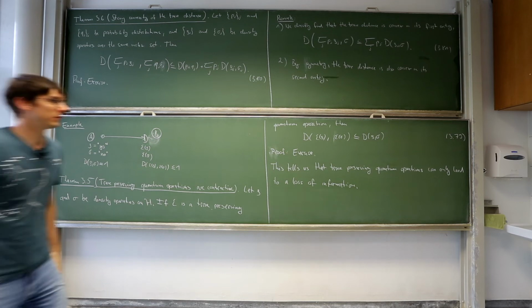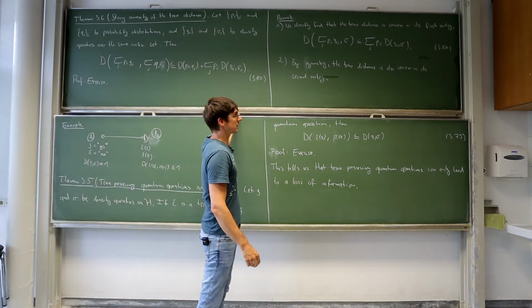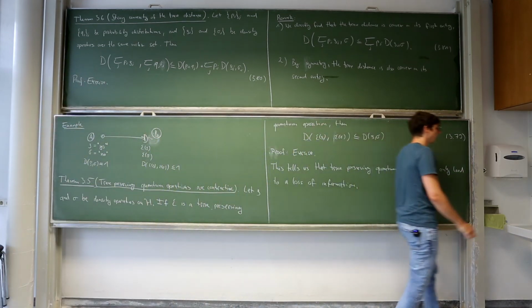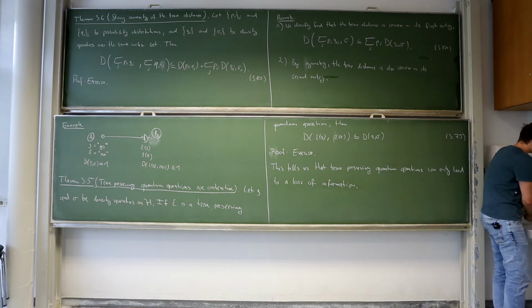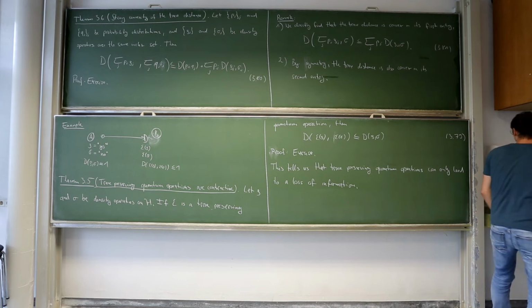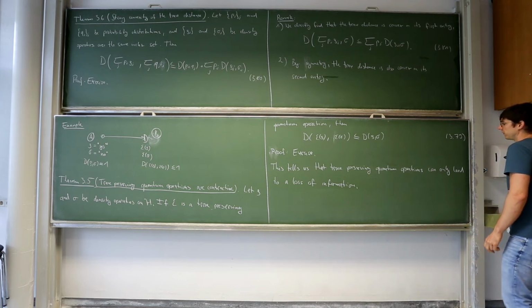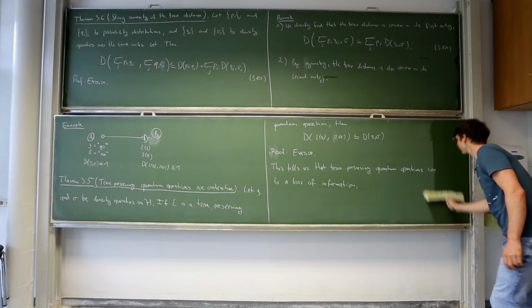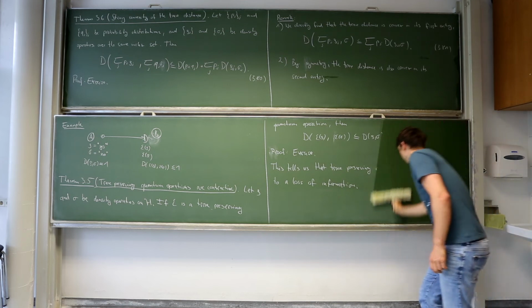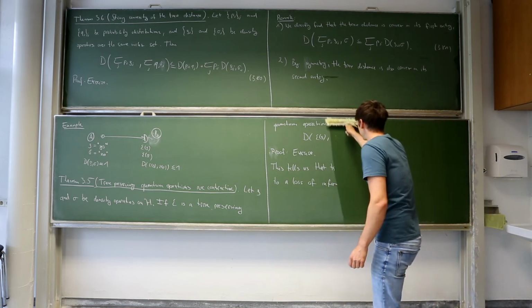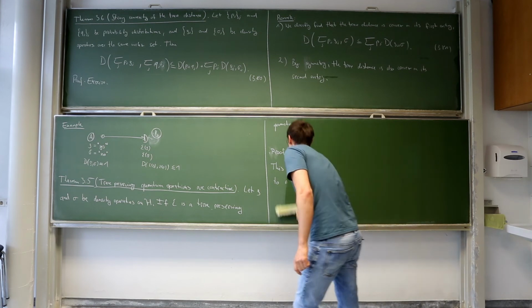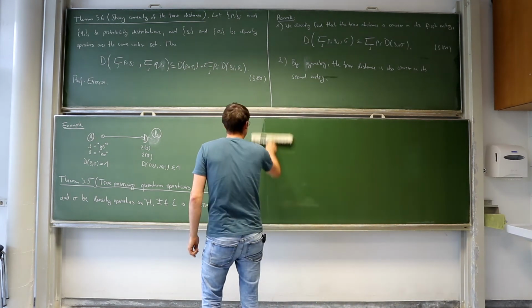Now remember how we came to the trace distance. We started from a distance measure of classical probability distributions, and we then defined a quantum counterpart, which is a distance measure between density operators.